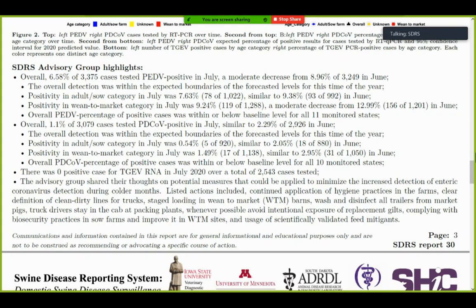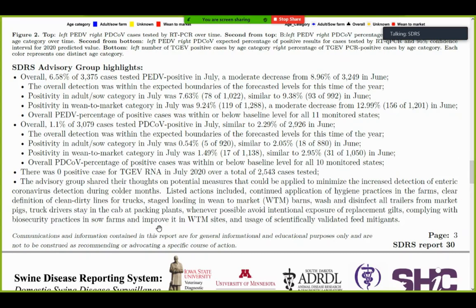And the advisory group listed actions that include the continued application of hygienic practices in the farms, clear disinfecting, the clear definition of the clean and dirty lines for the trucks, staggered loading in the winter market barns, wash and disinfect trailers from the marketing peaks.